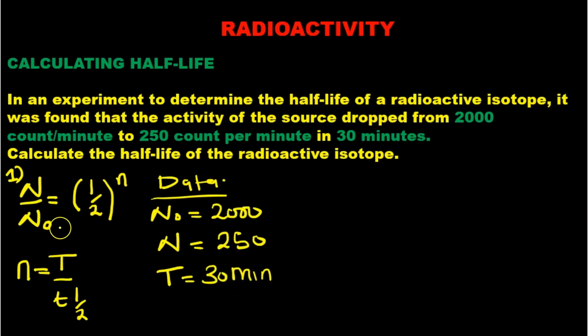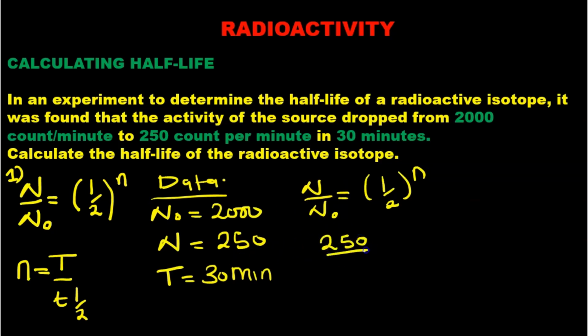Now we want to start by calculating n. In calculating n, we are going to apply this formula: N divided by N naught is equal to half raised to the power n. The sample that remained was 250, divided by 2000, the initial, is equal to 0.5 raised to the power n.